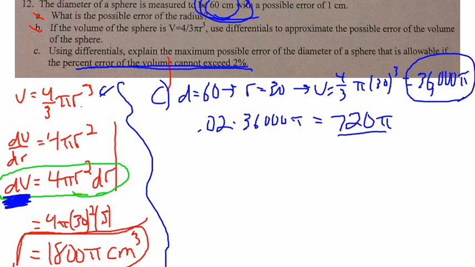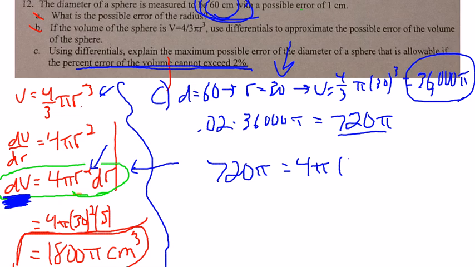So I'm going to use this green equation right here, and my dV becomes 720 pi. And then that's equal to 4 pi r. Well, sorry, not r. I know that my radius is equal to 30.